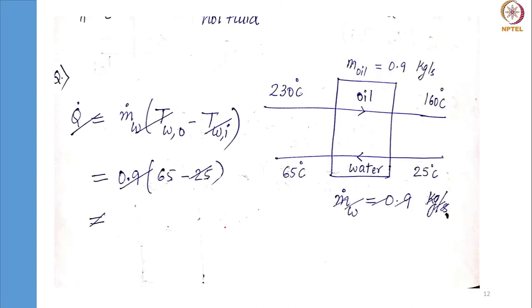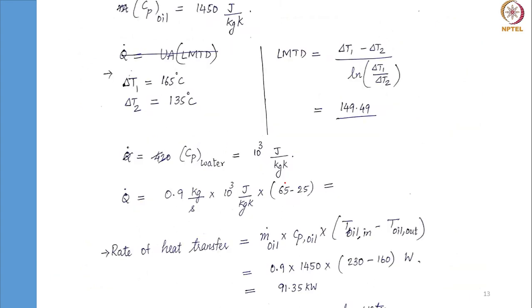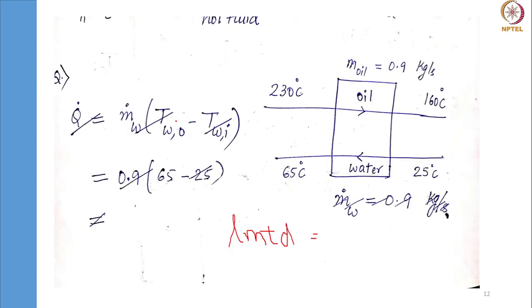So LMTD is nothing but delta T1 minus delta T2 divided by ln of delta T1 by delta T2. So what is delta T1? Delta T1 is the temperature difference at this end, 230 minus 165.